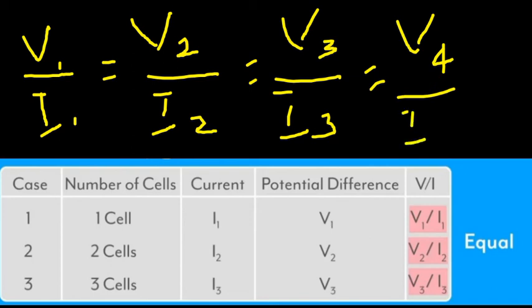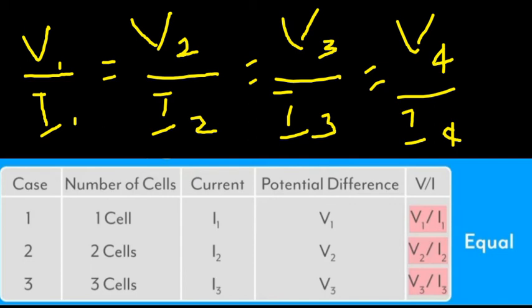But the ratio of current and potential difference in each case remains the same, a constant value, and that constant is known as the resistance of that material.